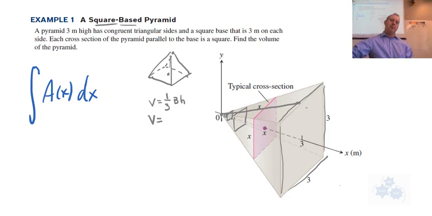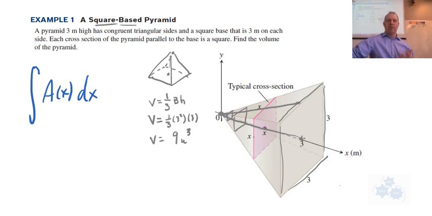It's on its side, but we have a base of 3 by 3, and a height of what? Well, the height is 3 as well. So we'd have 1/3 times 3 squared times 3, and that's going to be 9 units cubed. So this pyramid should be 9 units cubed. Does that make sense? Okay.